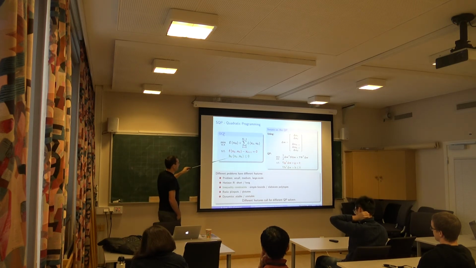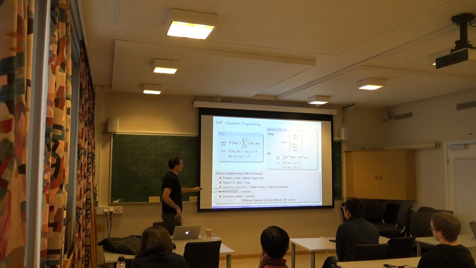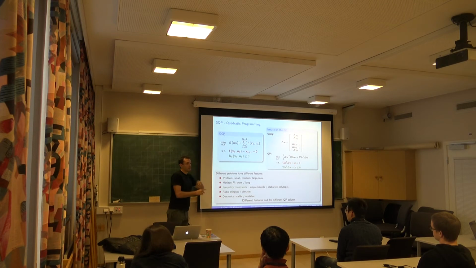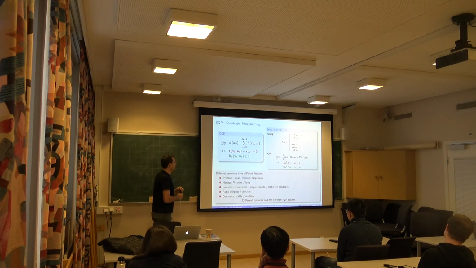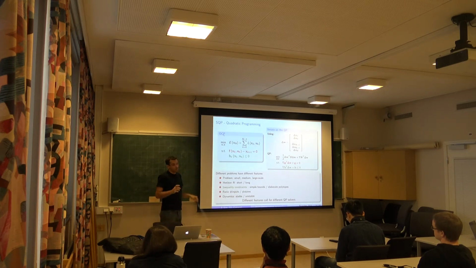If it's short or long, it may make you choose different codes. The type of inequality constraints you have can also impact the techniques you want to use. If you have simple bounds, or complex polytopes, or even something worse, like quadratic constraints, or fairly complex convex constraints, or even non-convex ones, that may change how you want to do this. The ratio between how many inputs and states you have also matters, and even whether your dynamics are stable or unstable will have an impact on how good different approaches will be.